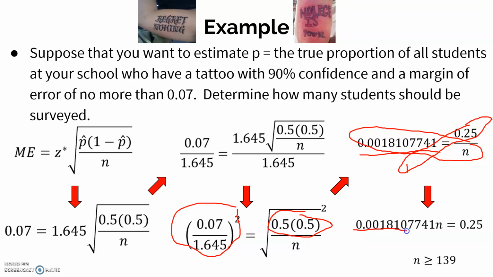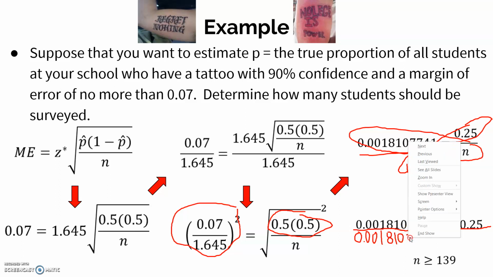The very, very last step now is to divide by this number here that's just attached to the end. So I just divide both sides by 0.00181077741, which will cancel that out.